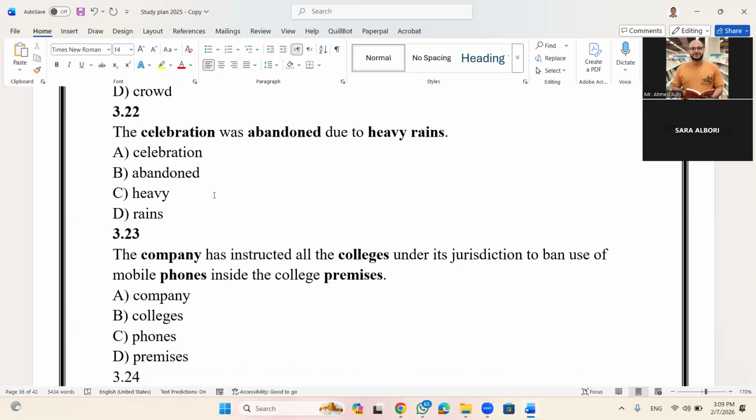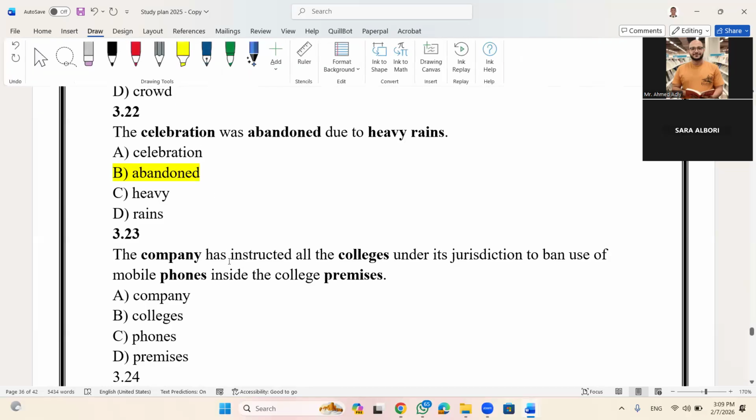It's abandoned. Abandon, perfect. Abandon here means to leave somebody. For example, in many communities in Europe, after they get married, the wife or the husband abandons the family. They leave the family forever.